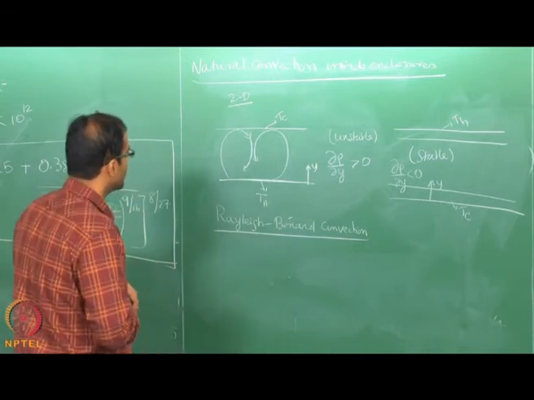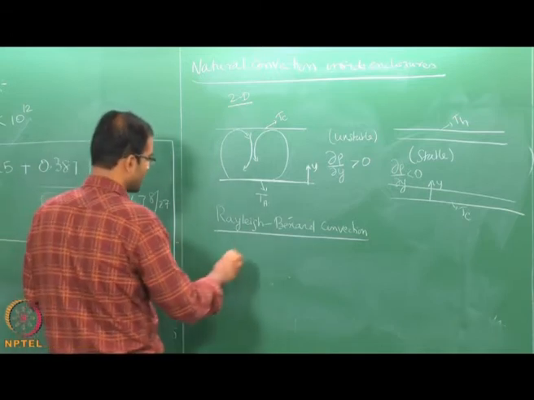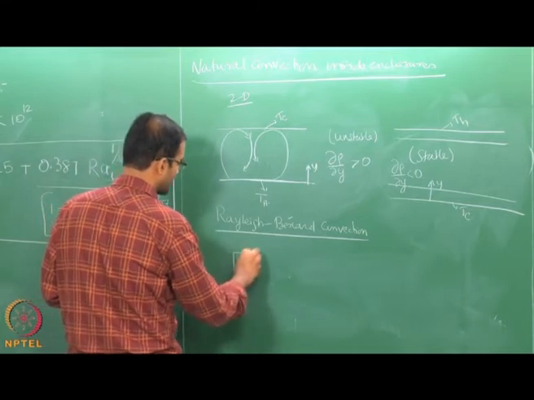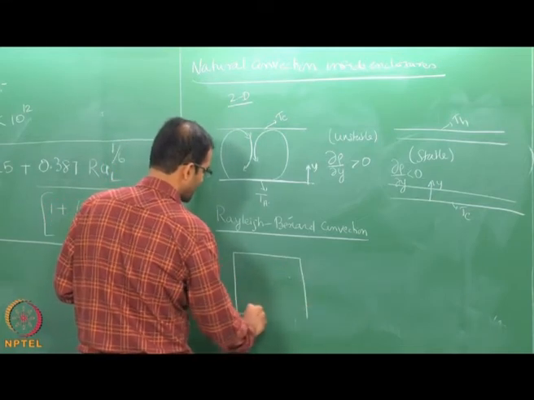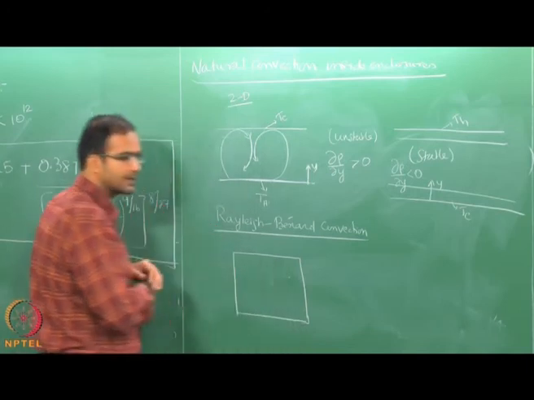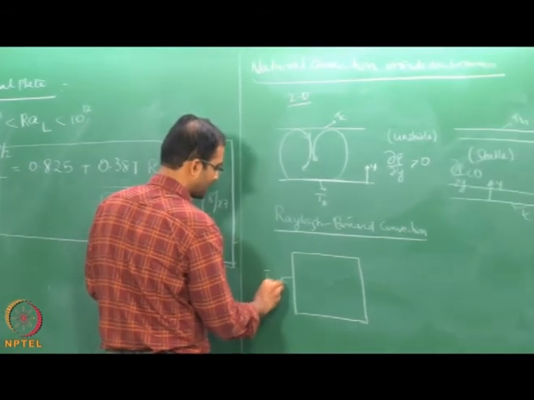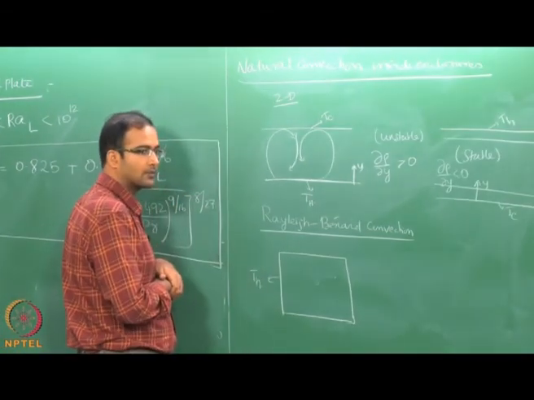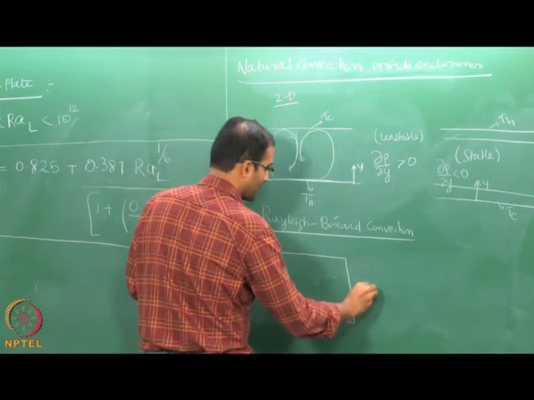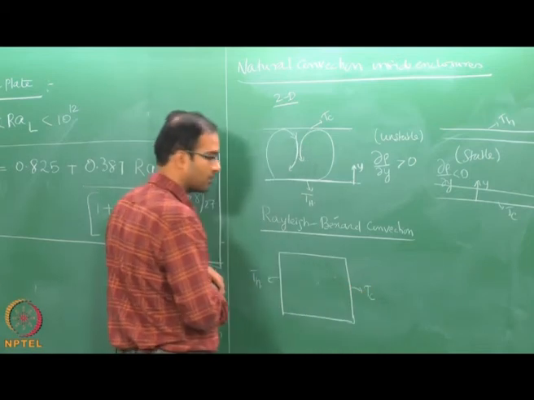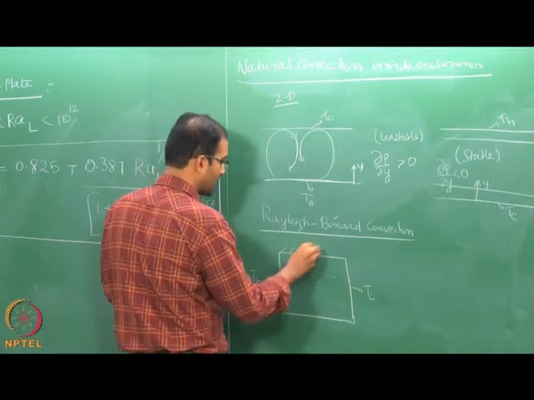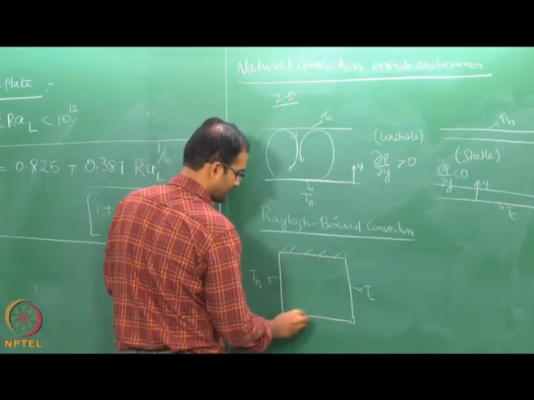the other interesting configuration in 2D is to have an enclosure, that is a cavity which is closed on all sides, okay, and you can heat the left wall of this cavity and you can have a cooler right wall, the top and bottom being insulated.